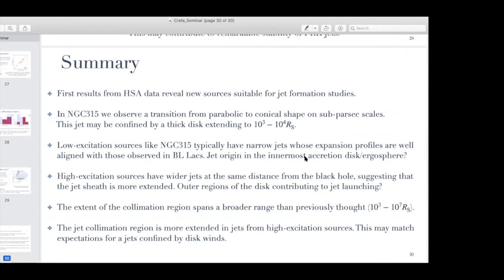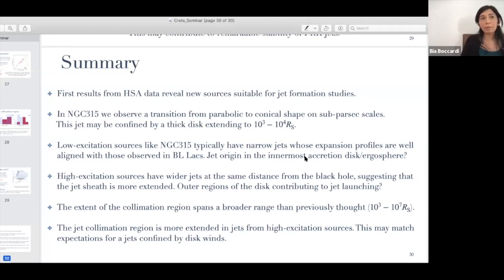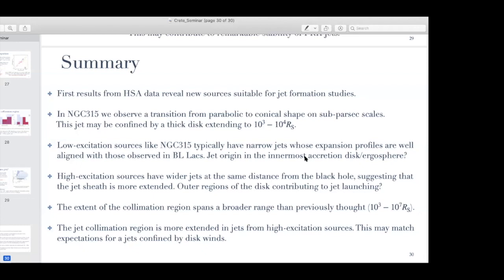You say that the hot inner flow collimates the jet. Isn't that what you said? Yeah, in the low luminosity objects, it may be this hot disk which initially confines the jet. I cannot visualize how this can happen, in the sense that the jet feeds from this hot flow, from this hot disk.